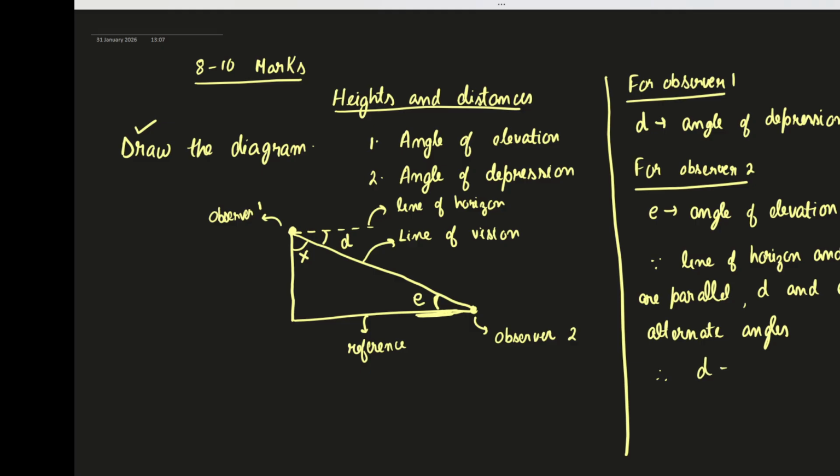Therefore, D is equal to E. So this proves that the angle of elevation and angle of depression are the same thing for a given pair of observers. It's just the reference point which changes the definition, whether it's an angle of depression or angle of elevation.